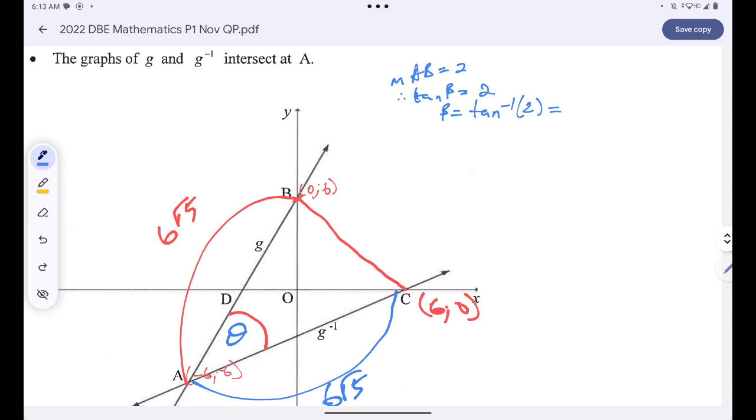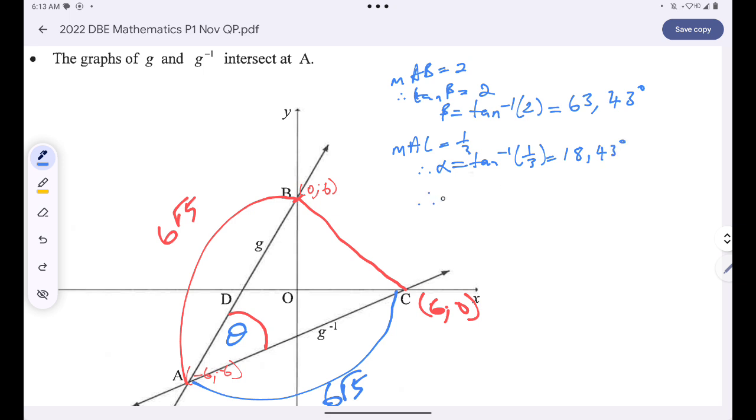What do we get? Shift tan 2. That's 63.43 degrees. Then the gradient of line AC, we found it to be equal to 1 over 3. So let's call that angle alpha, the inclination of AC. Angle alpha is equal to tan inverse of 1 over 3. That's 18.43 degrees.